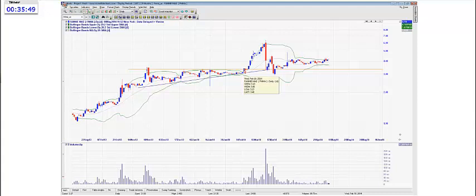We break out of that ascending triangle formation here. There was your opportunity to go long. Now there's no way I would have held on if I was going long here all the way up to $6. That's the one thing about a flag, is we don't know. It's hard to predict the first flagpole. It's actually quite easy to predict the second one, though.